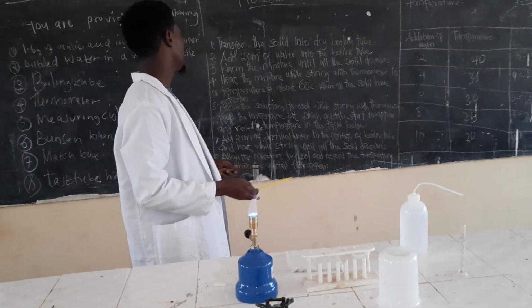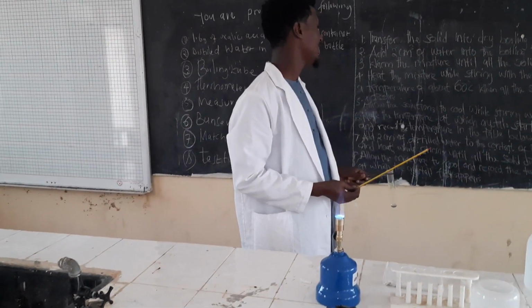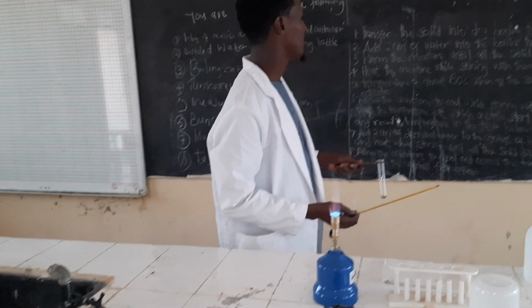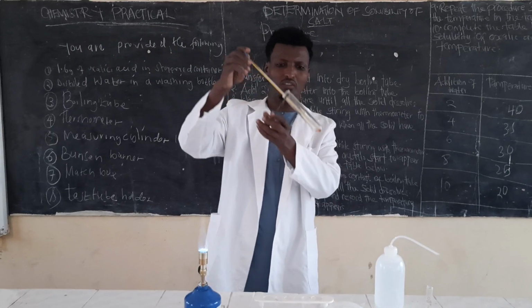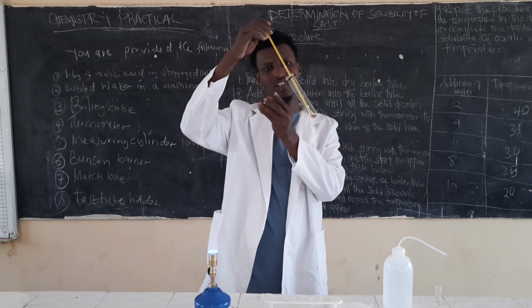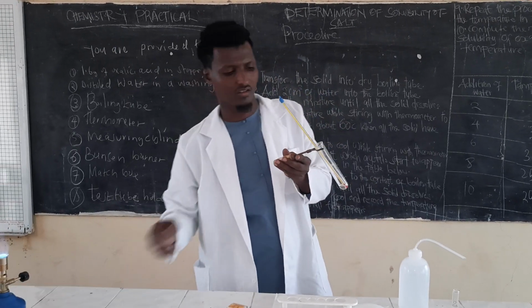Now the solid has dissolved. Now heat the mixture while stirring with the thermometer to a temperature of about 60. So we heat up to a temperature of 60. Now it is even above this temperature of 60.